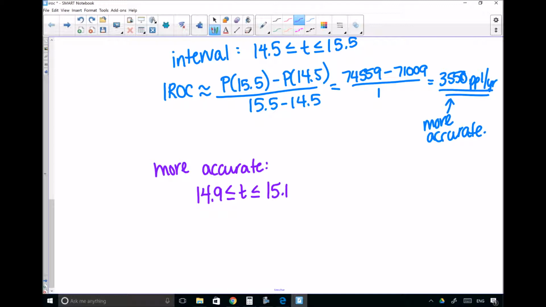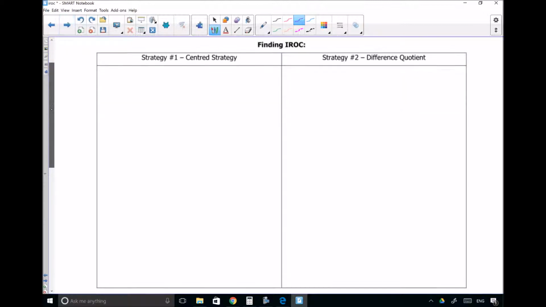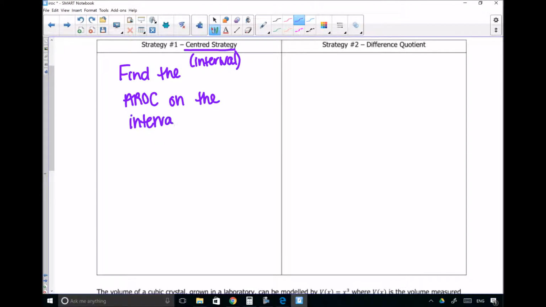Okay, so let's talk about the two different strategies for finding instantaneous rate of change. The first strategy is called the centered strategy. So that's the interval that we're talking about. All you need to do is find the average rate of change on the interval from this value right here to this value right here.